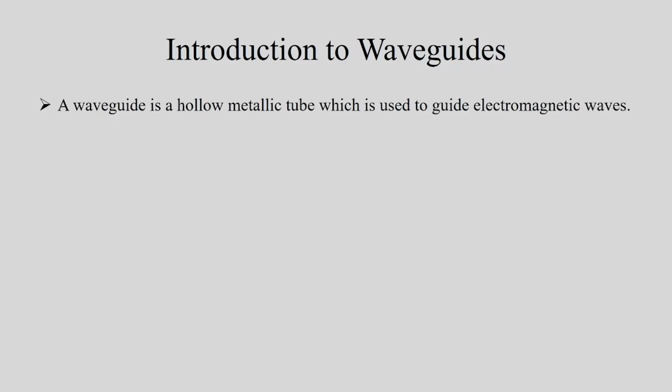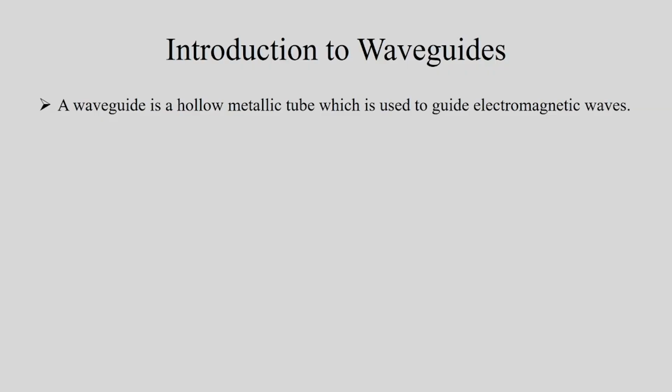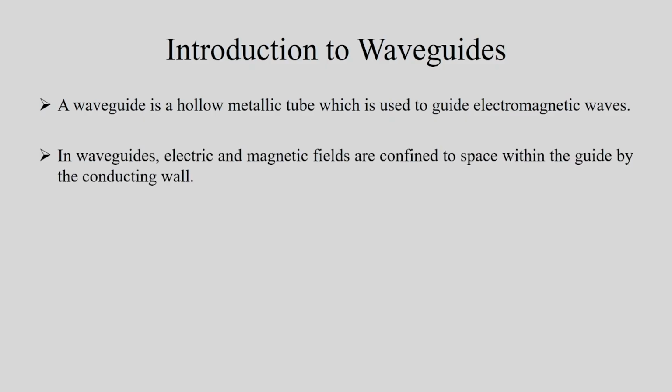So, waveguide is a metallic tube which is used to guide electromagnetic waves. This is in the most basic form. Of course, there are other forms of waveguides also, like dielectric waveguides, but we will discuss only the hollow metallic waveguides.